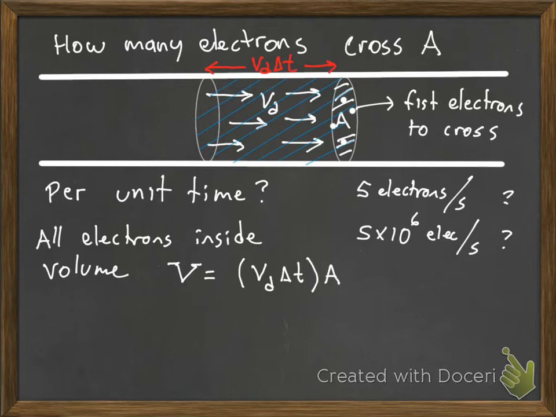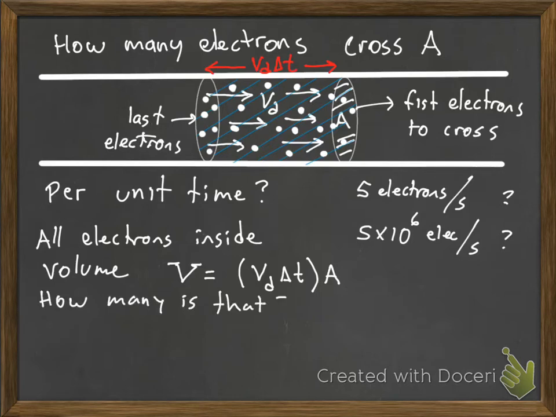The last electrons, delta t seconds later, when you stop the stopwatch, the last electrons to cross the finish line are going to be the electrons that were a distance Vd times delta t away. Those are the last electrons. So the total number of electrons that crossed in that amount of time delta t is all of the electrons contained in that volume. So how many electrons are there inside of that volume?